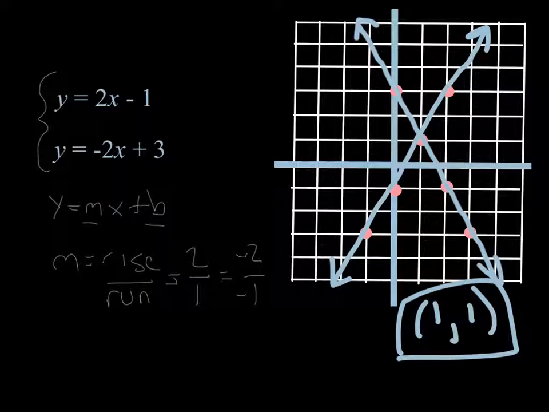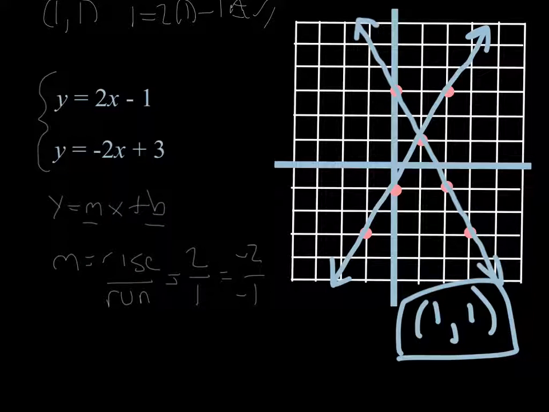To test that, I would plug it in. Now I gotta reduce my pencil point here again. So if I plug in 1, 1, that first equation would become 1 equals 2 times 1 minus 1, which would indeed give you a 1, so that does double check there.